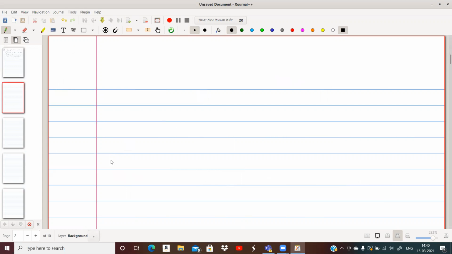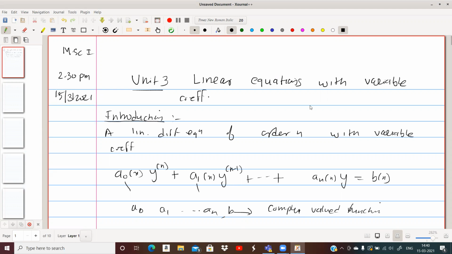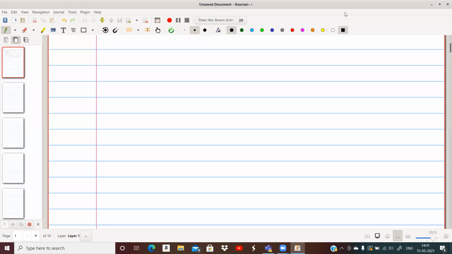Now one important thing here is that your a0(x) that you have written, while in constant coefficients you are not taking it as 0.